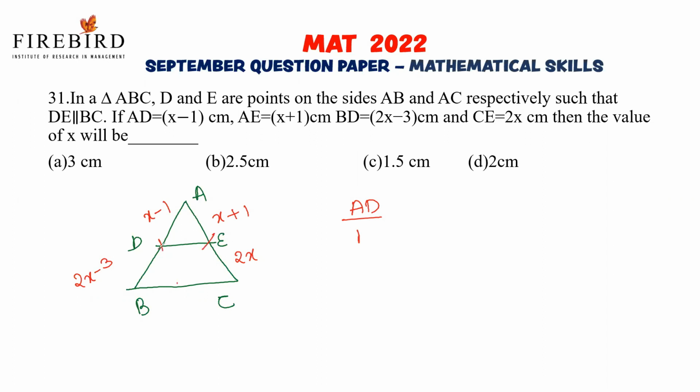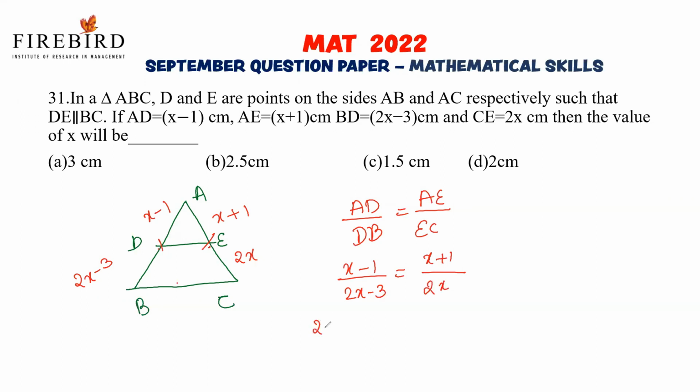If we draw a line which intersects two sides, and that line is parallel to the third side, you can say that AD by DB is equal to AE by EC. So X minus 1 divided by 2X minus 3 is equal to X plus 1 divided by 2X.